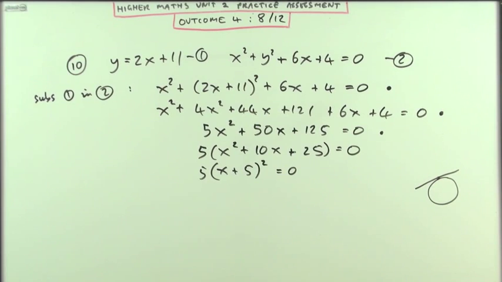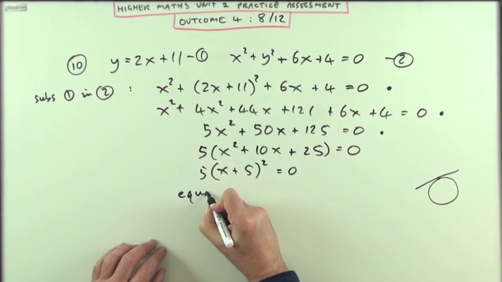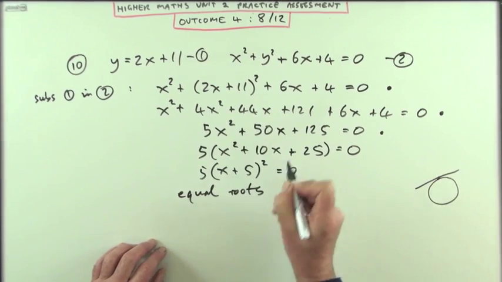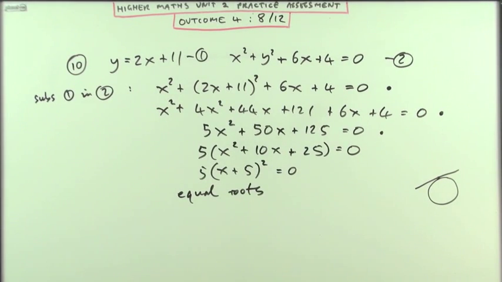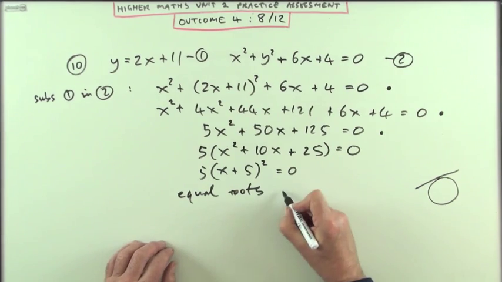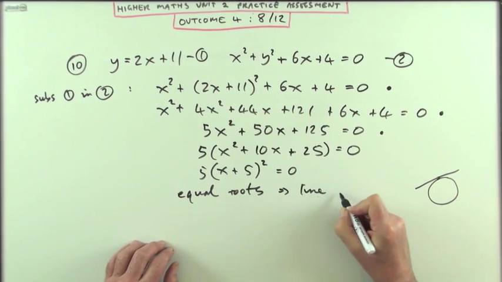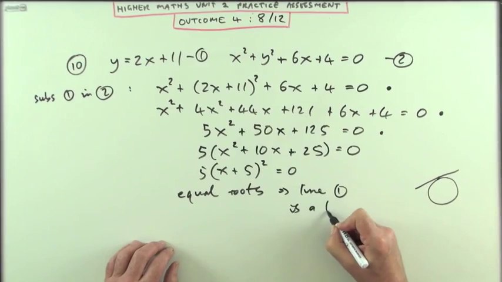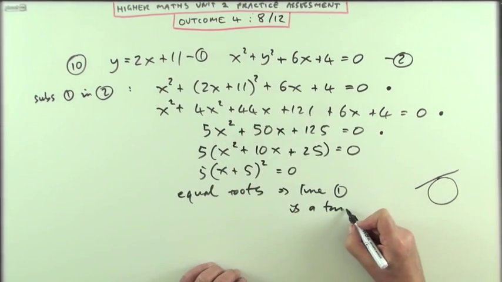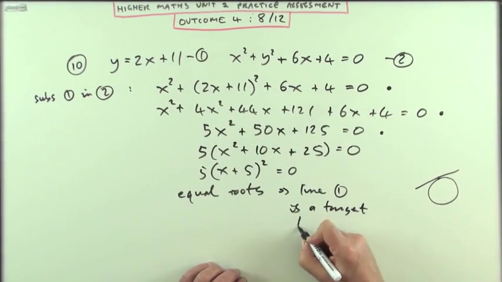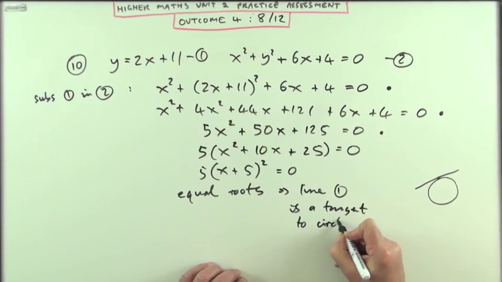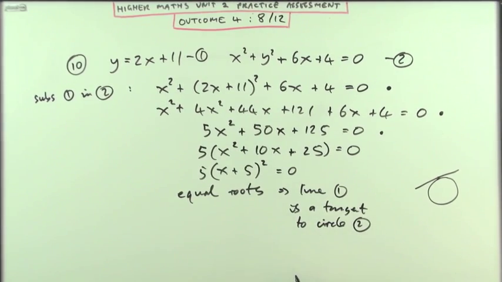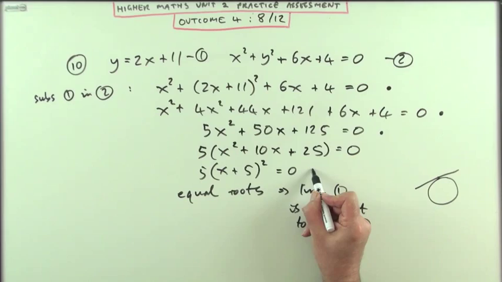And then from that you can say it's got equal roots, which means line 1 is a tangent, that's why it's always handy to put these numbers in, is a tangent to circle 2. And there's the remaining marks.